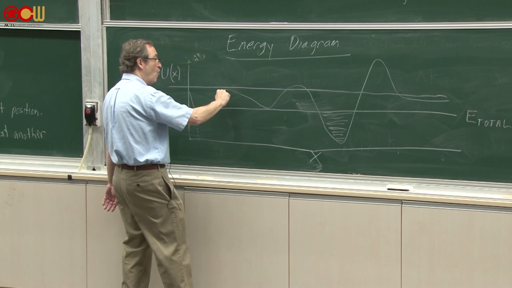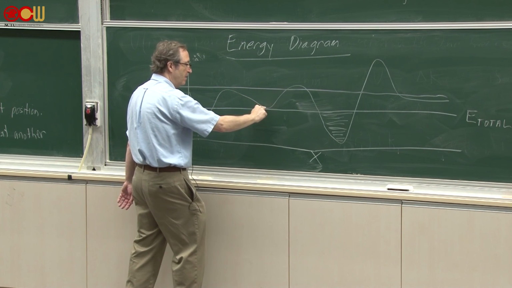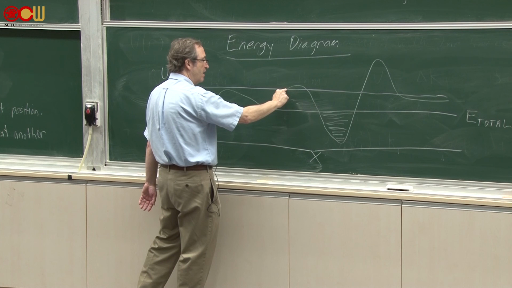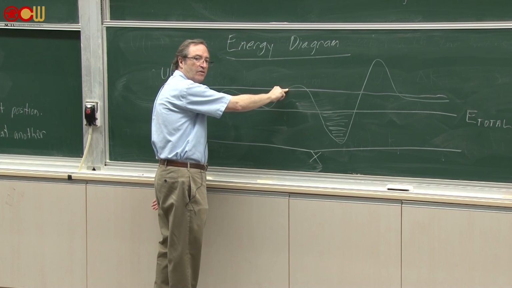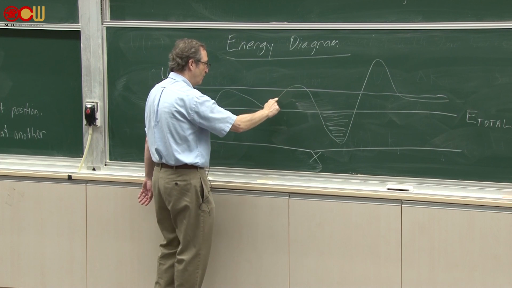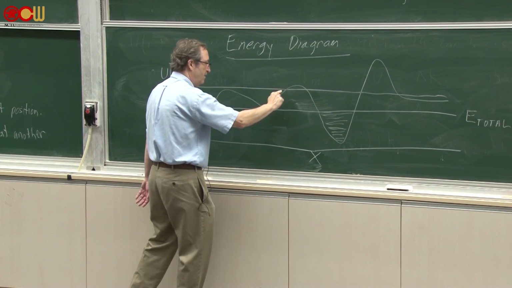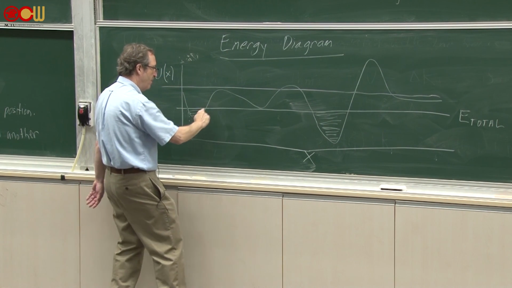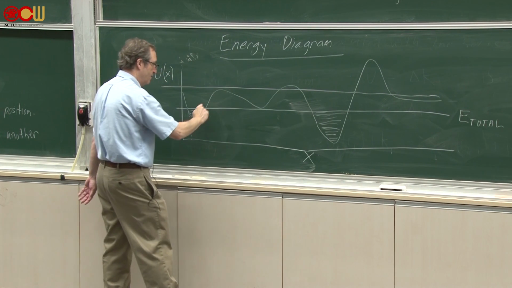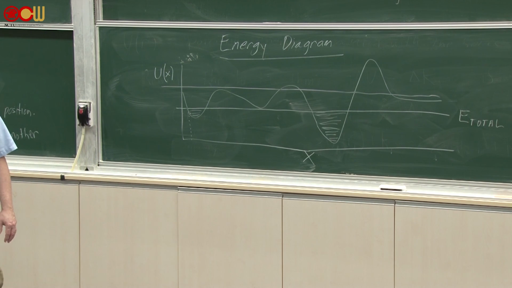It's going to actually go over the bump here. It's going to come down here. It's going to go up here. And that's as far as it can go. It can't go over there. So it'll come back here and like this. All right, so it goes back and forth like this. Okay? So that's how the particle will move.